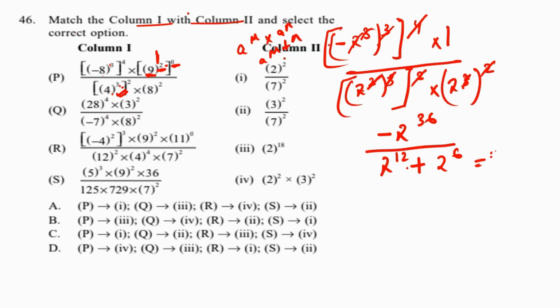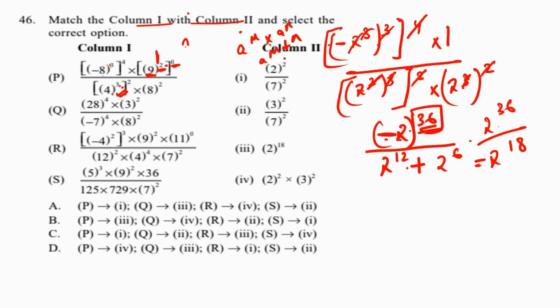So ultimately, at the bottom we get 2 raised to 18. And on top we have minus 2 raised to 36. Any negative integer with an even number as its power, and 36 is an even number, always results in a positive number. Hence, we can also write this as 2 raised to 36.